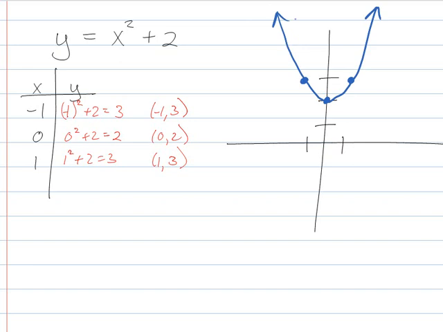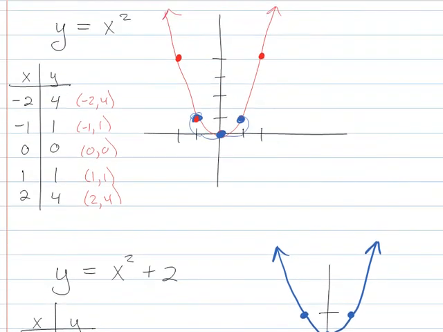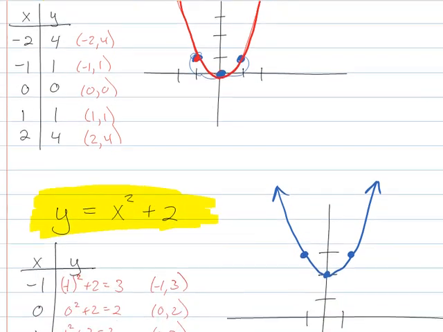So the question is, what happened to this graph? If we think about what it looked like before, it looked like this. So what's different about it? If we look at the equation, the plain equation was centered at 0. Now with this equation, our graph has been moved up 2 points.